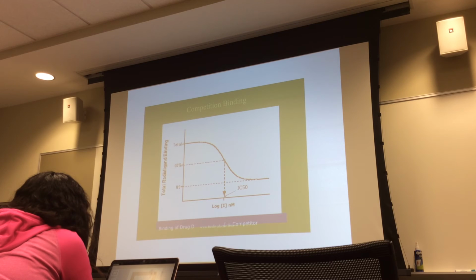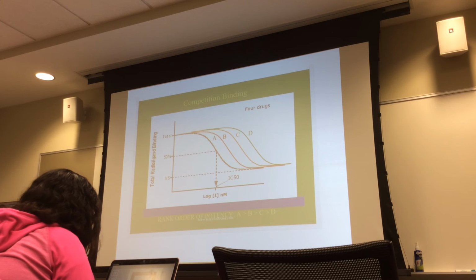You're displacing the agonist from its binding site, and you calculate the radioactivity. This is just an example. If you work in a lab where they do radioligand binding assays, this is how it works. But you don't really have to go into details. It's the concentration that inhibits the binding of the drug to the receptors by 50%. So it's the inhibitory concentration of 50.